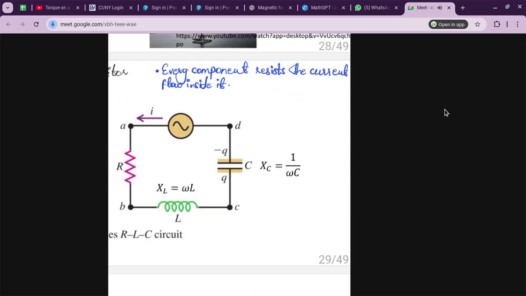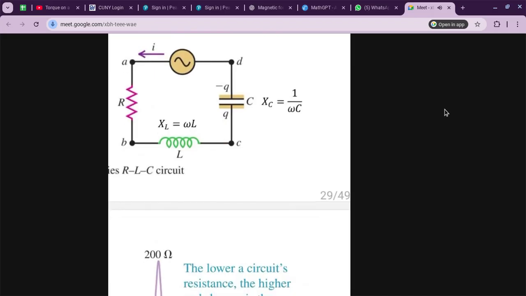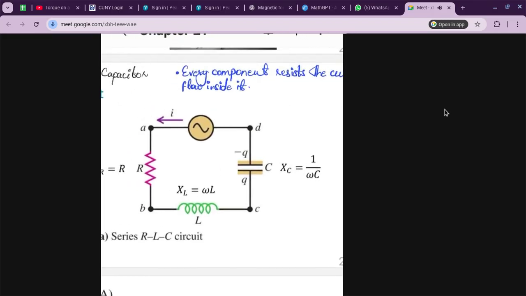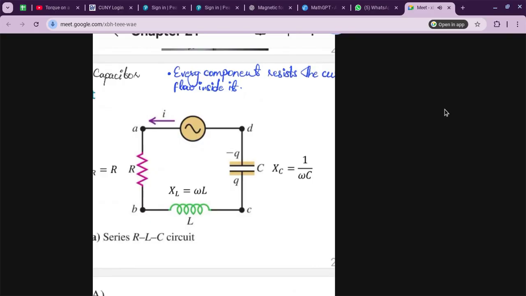This resistor has a resistance. It opposes the flow of current. Each and every component shows some resistance in the flow of current. The opposition R is called resistance.